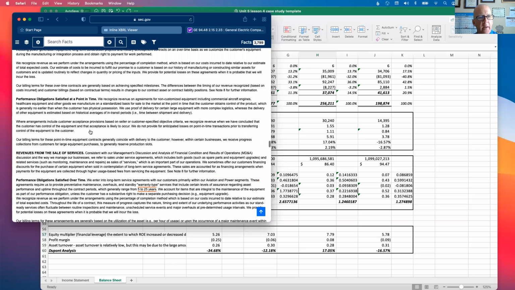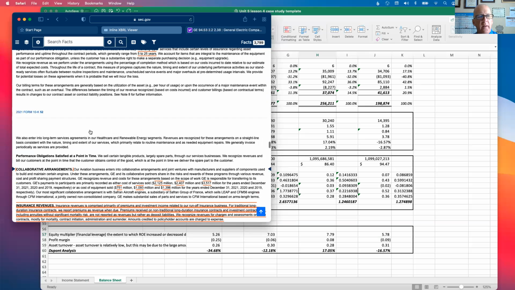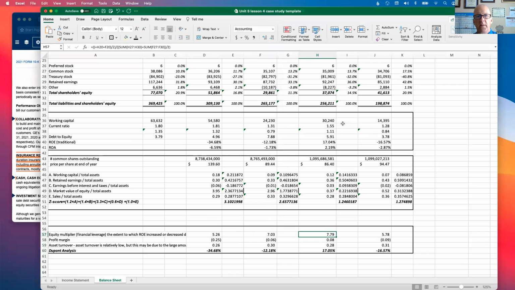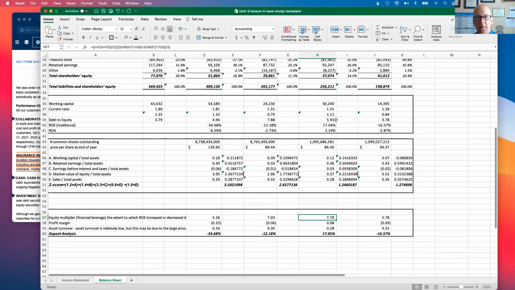It's not just jumping out at me. But you could find that information, find out what the sales of services are for, what the sales of equipment are. I think they're jet engines, and add to your analysis so you have a quantitative analysis. And then you should also have a qualitative analysis where you analyze this information.